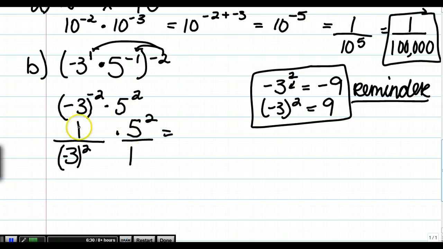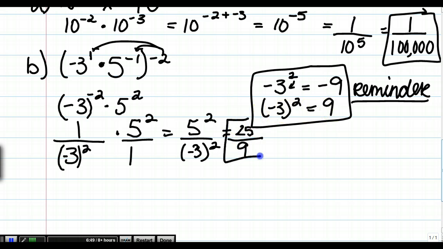And when you reduce this, you just have 1 times 5 squared is 5 squared, and negative 3 squared here. And 5 times 5 is 25. And negative 3 times negative 3 is positive 9, which we showed you right here. So this is your answer for that one.